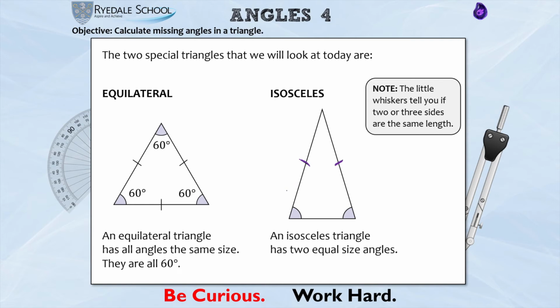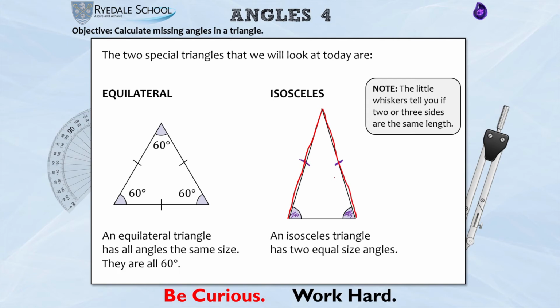And in an isosceles triangle, there are always two equal angles. Now, most of the time, you'll be able to look at the diagram and spot which two angles look the same. But if you were ever unsure as to which two angles are the same, what I sometimes suggest you do is you mark on with a different colour one of the lines that has the whisker, mark on the other line that has the whisker.